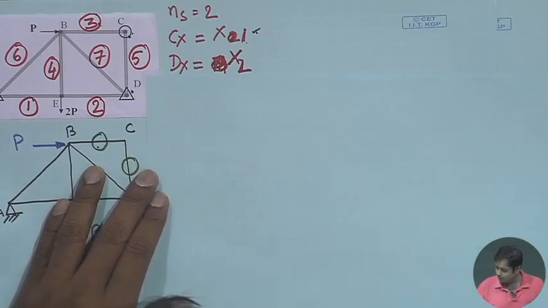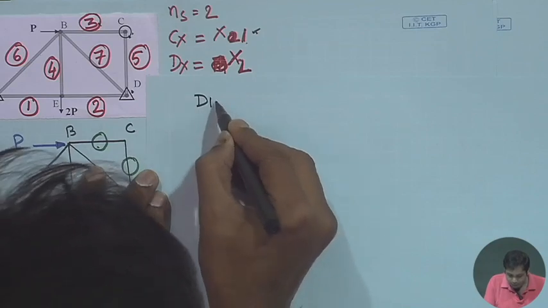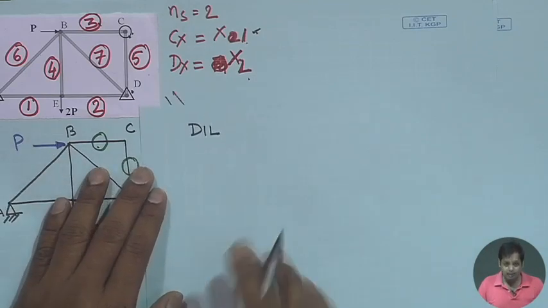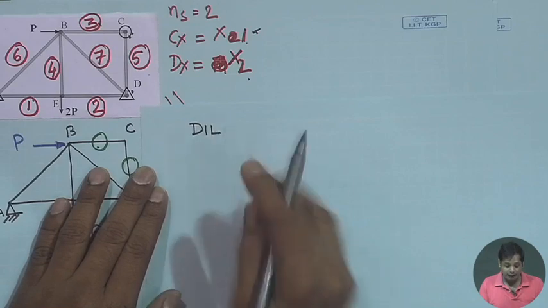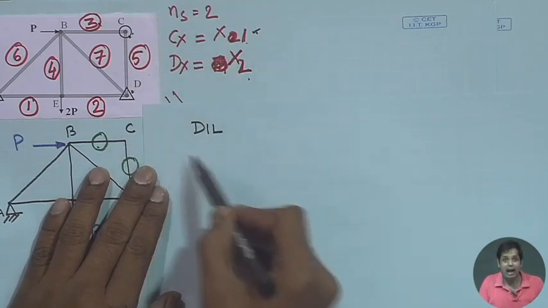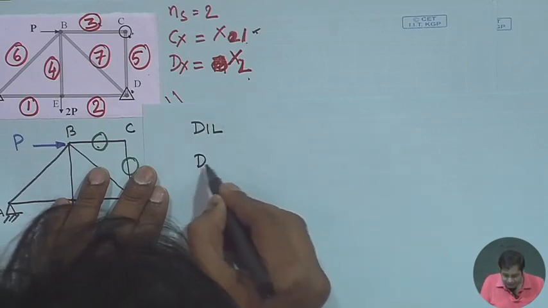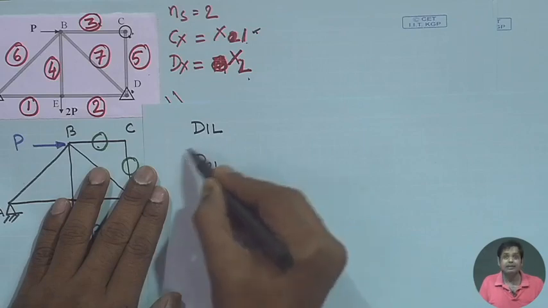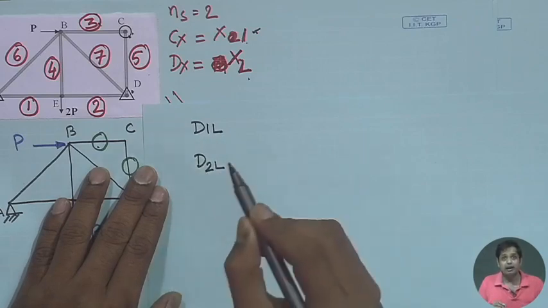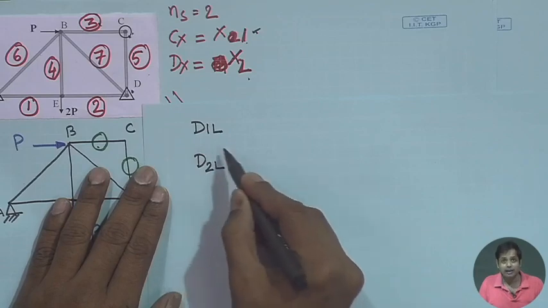Suppose D1L is the horizontal displacement in the direction of redundant 1 due to the applied external load, and D2L is the horizontal displacement in the direction of the second redundant due to the externally applied loads.